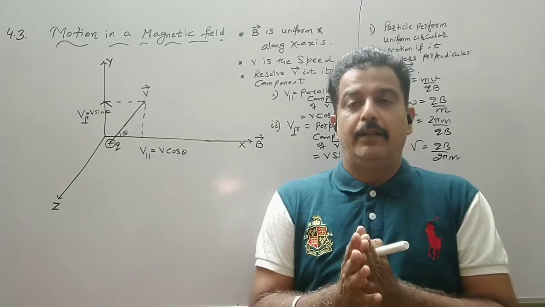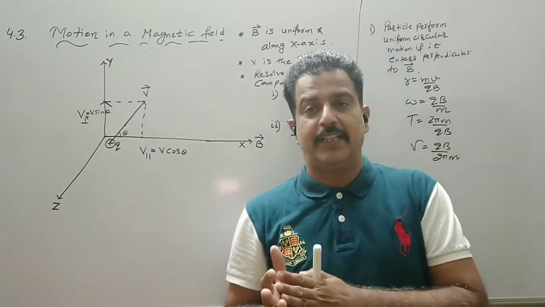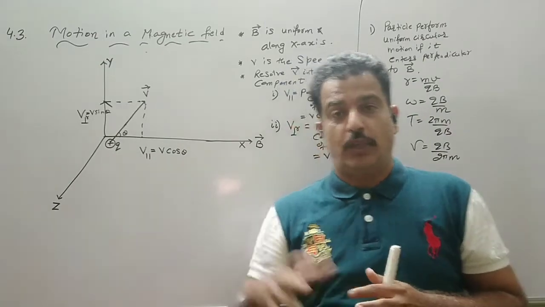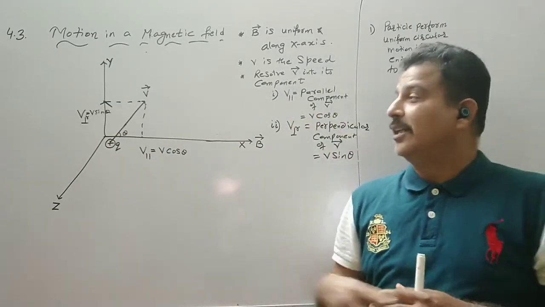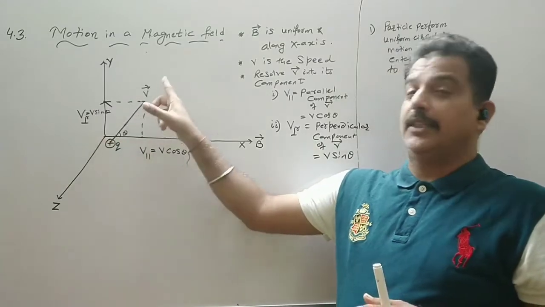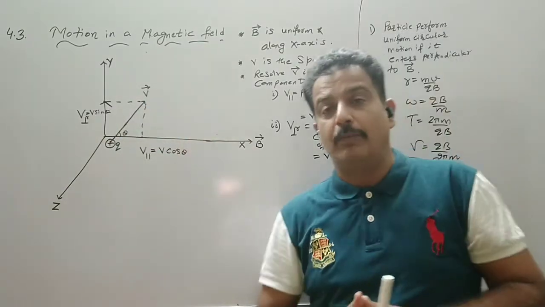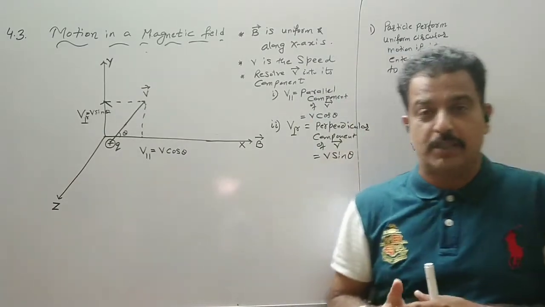Now we deal with these two components separately as we used to in projectile motion. If you remember projectile motion, a body was projected from the origin and it was performing a parabolic path. Though here it will not perform a parabolic path, there the situation was different.